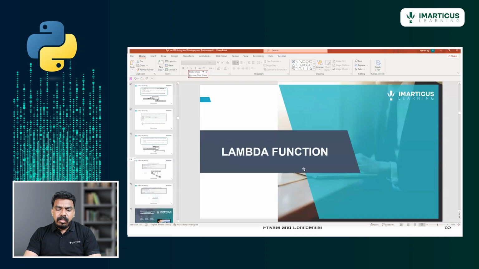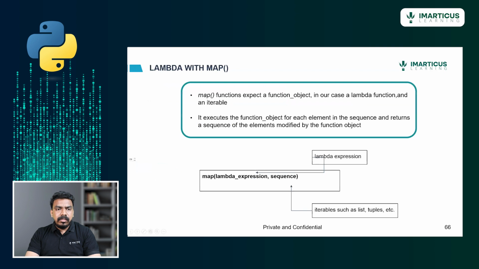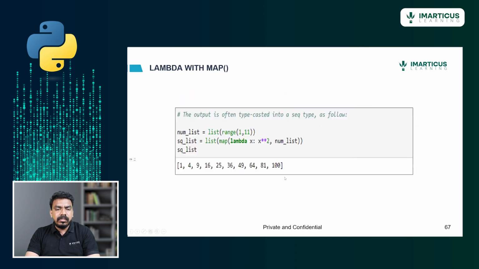We'll move to the PPT so that it will be easier for you to understand the various map operations that we can perform. So what is map? The map function expects a functional argument to perform an operation on some iterables. For example, consider you're providing map as a function. It takes a lambda expression and sequential orders.